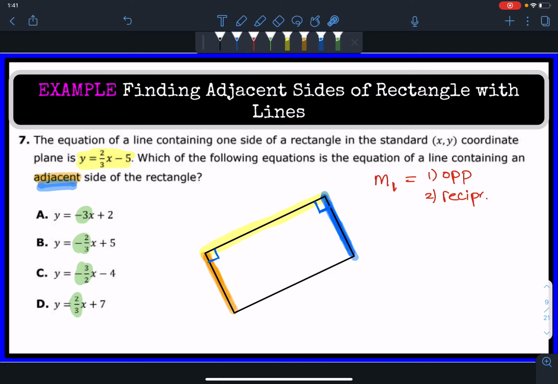So letter C would have to represent the equation of either this orange side here or this side right there. So letter C would have to be the correct answer because that's the only one that would be adjacent to that.